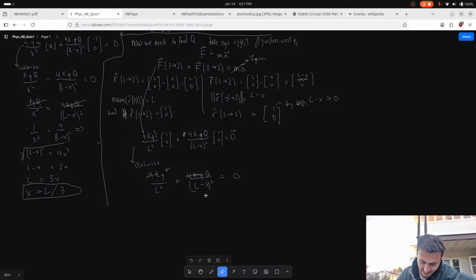So we're going to get Q over L minus X squared is equal to minus Q over L squared. And let's do one more step: Q is equal to minus Q over L squared times L minus X squared.